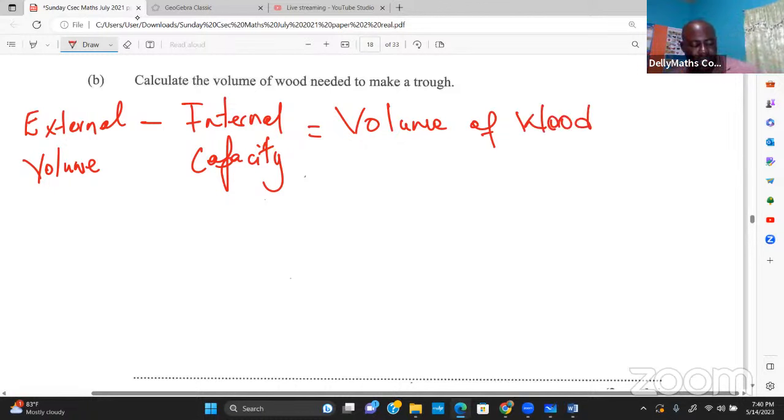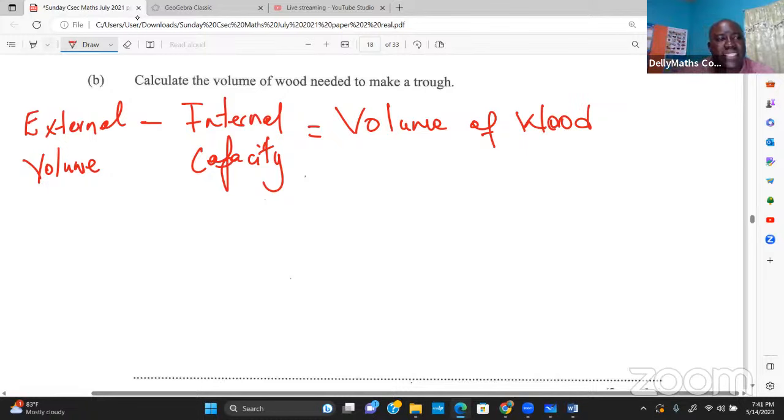In other words, if I imagine that it is closed up and find the volume of the trough, and imagine that I pluck the empty space out of it, I am left with the wood that made it.